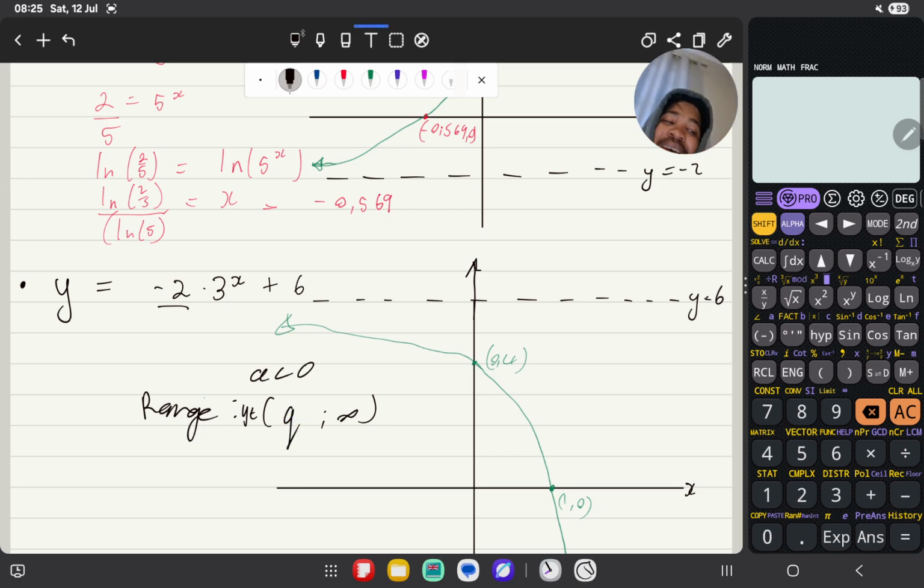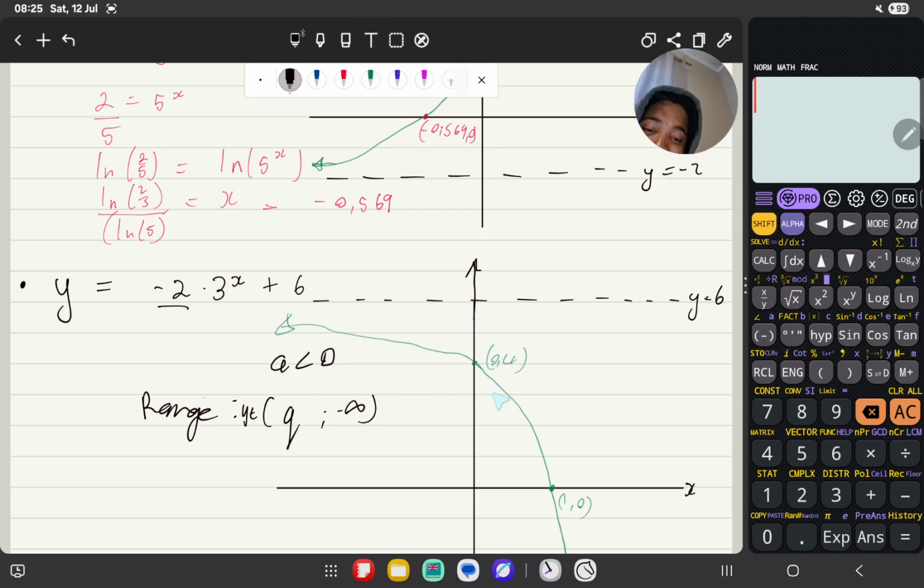Q makes sense, because we are from q, which is 6, but of course 6 is not included, so we move from there, we're going down, right? And if a is smaller than 0, this is move from q to negative infinity, right?